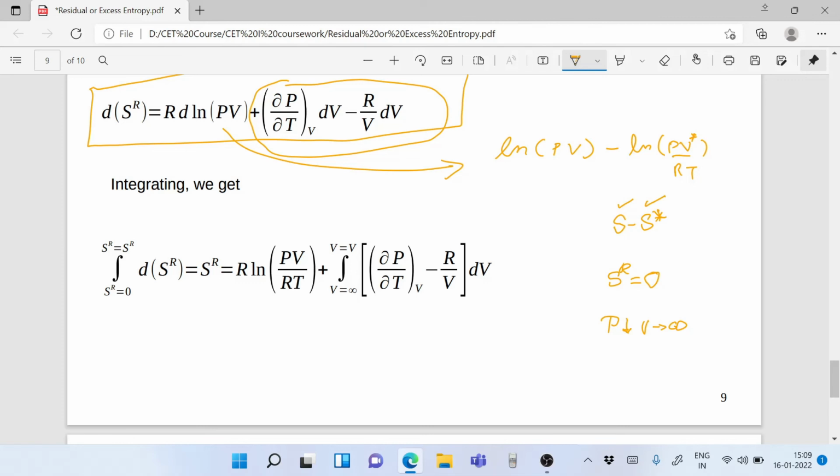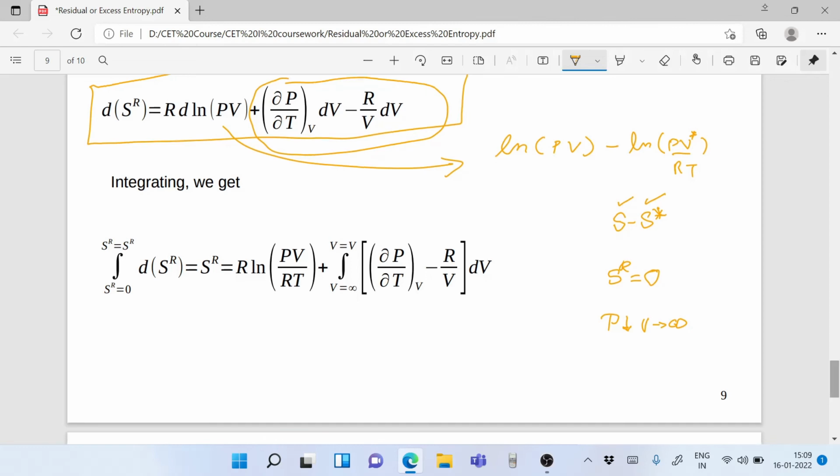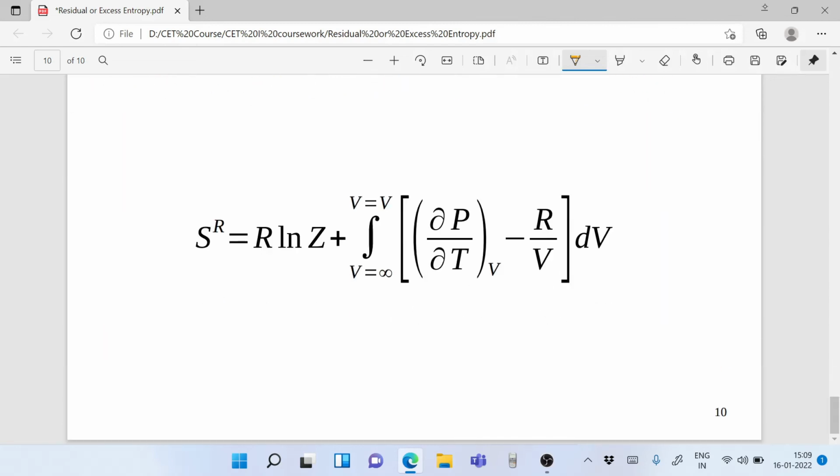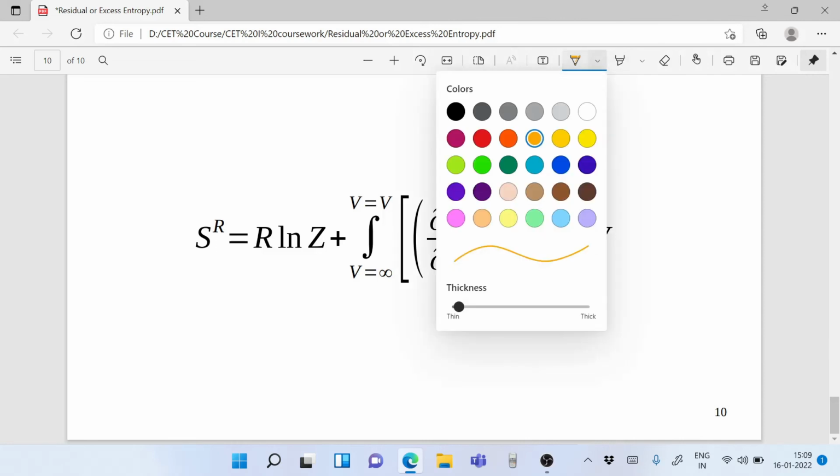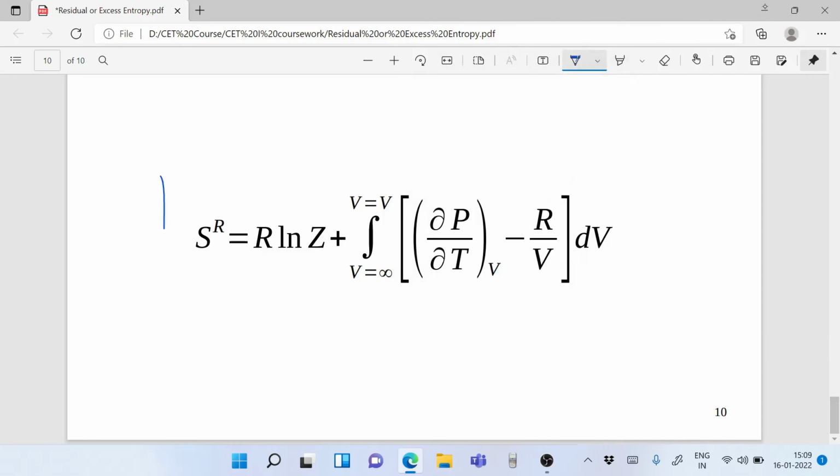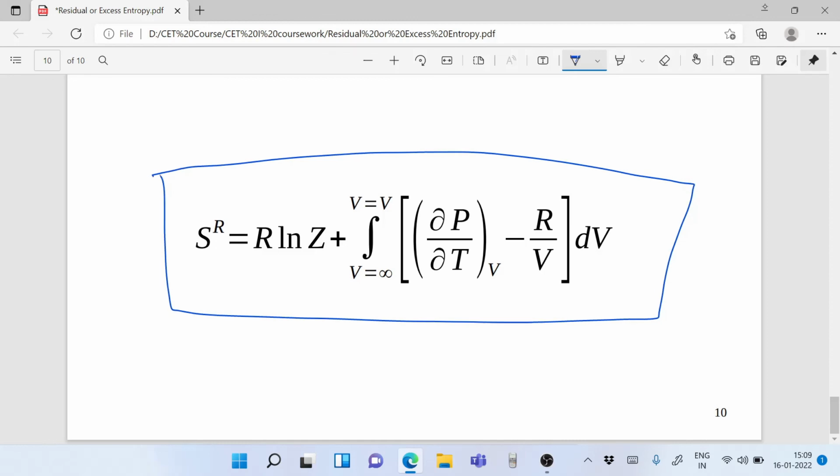So we have V to infinity to V, where V is nothing but the volume of the real gas. (∂P/∂T)_V minus R by V dV. So the final equation is what we have as this. This is your final equation for the residual entropy.